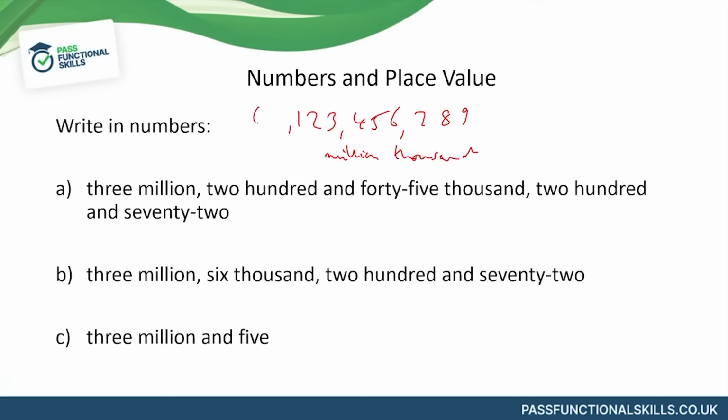Maybe put in that one as well for a billion. Okay, so 3 million. Well, remember, million is just a comma, so 3 comma. 1,000, remember, is the next comma, so all I need to do now is write 245 comma, and now just write 272.